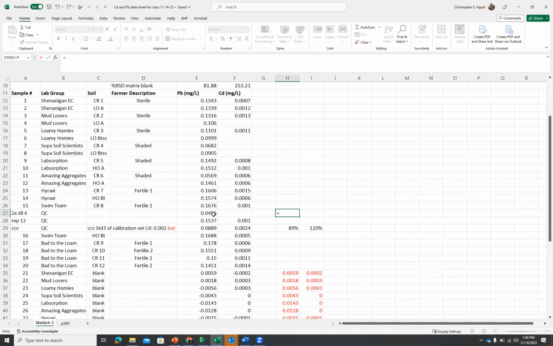It's 0.0496 times 2, because that's my dilution factor, divided by my original, which is sample number 4. Sample number 4 is right there. And I'll hit enter. Oh, that's nice. Percent.